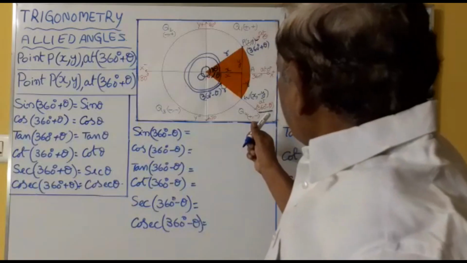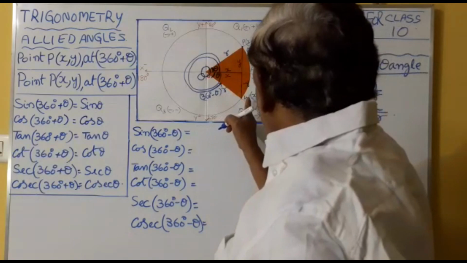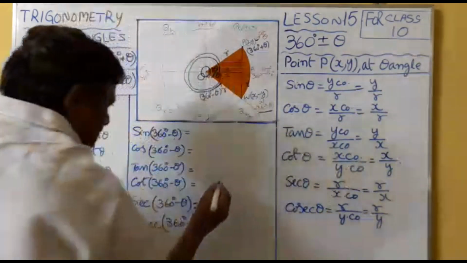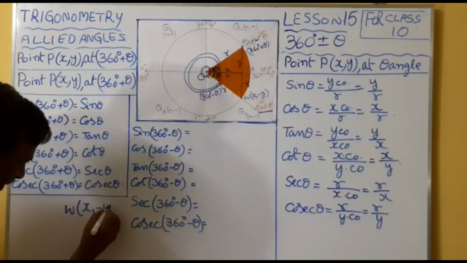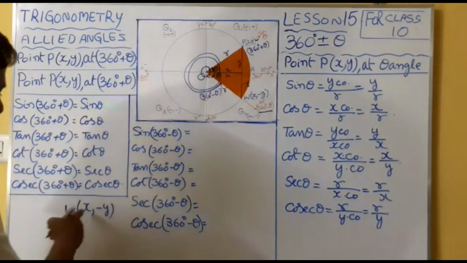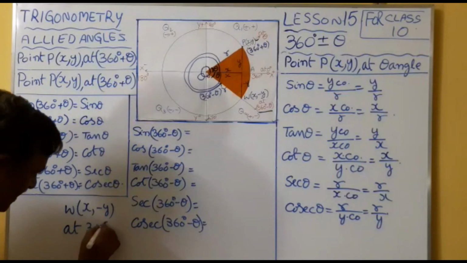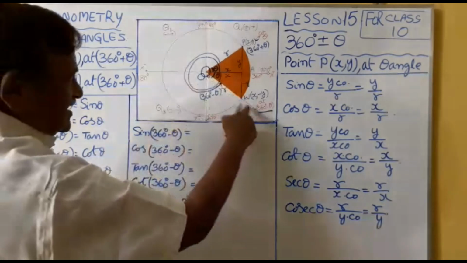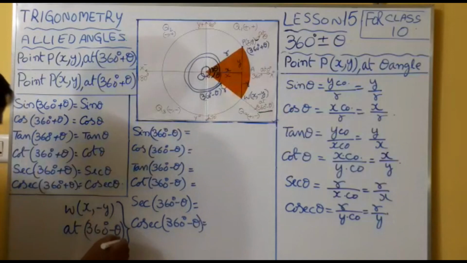Let us write the trigonometrical ratios at this angle. The point here is W(x, minus y), the coordinates at 360 degrees minus theta. The angle made by this ray is 360 degrees minus theta.